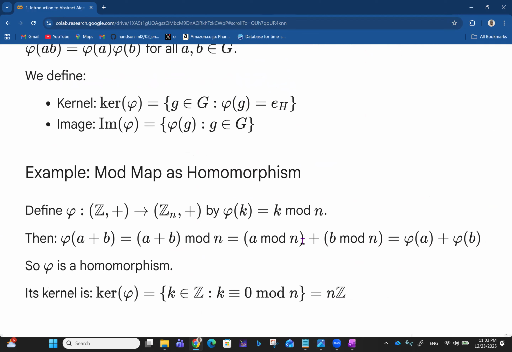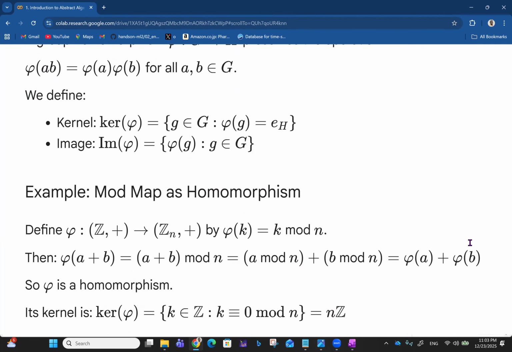That means you have a mod n plus b mod n, and a mod n is phi of a, and b mod n is phi of b, based on the definition we have from the beginning, because we know phi of k is k mod n. So phi is a homomorphism.